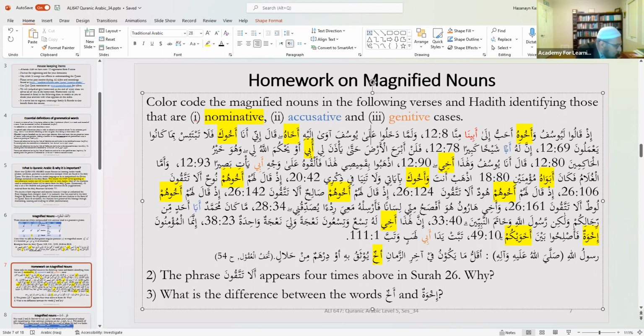He set his brother close to himself, no? So he set his brother, akhahu. I think that akhahu is a subject of awa. Qala Yusuf awa ilayhi akhahu. You see? So it seems to me that this is nominative.